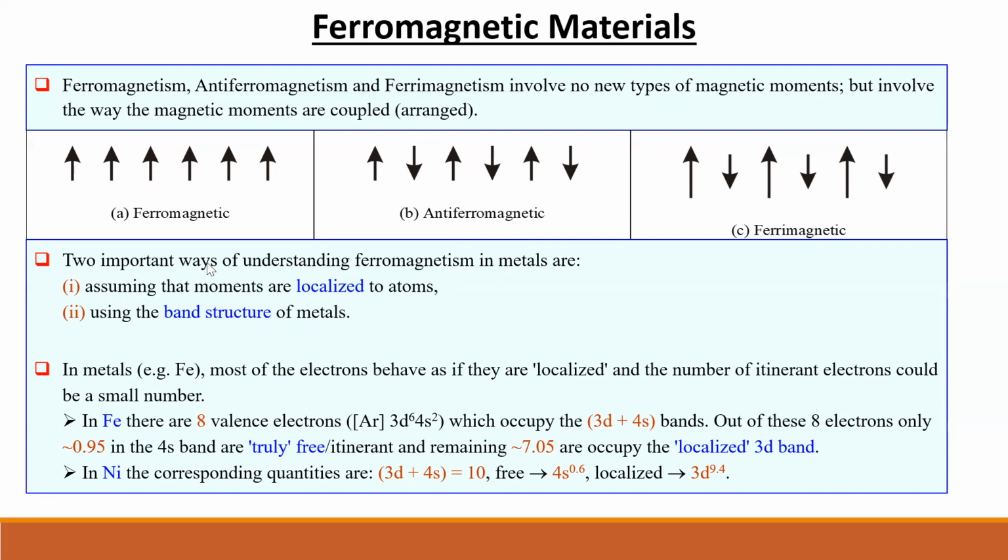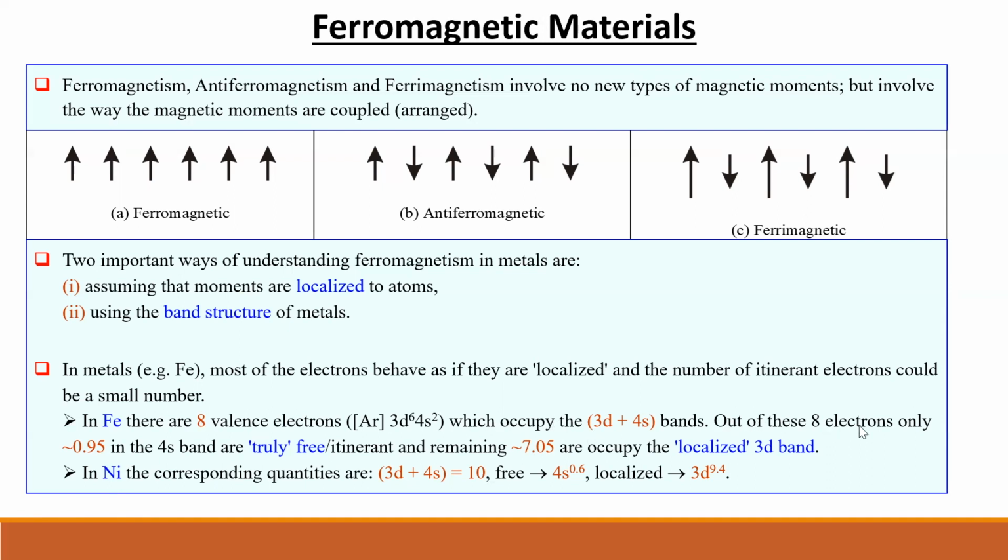The two important ways of understanding ferromagnetism in metals are assuming that the moments are localized to atoms, or using the band structure of metals. In metals, for example iron, most of the electrons behave as if they are localized, and the number of itinerant electrons could be a small number. In iron, there are 8 valence electrons which occupy the 3d and 4s bands.